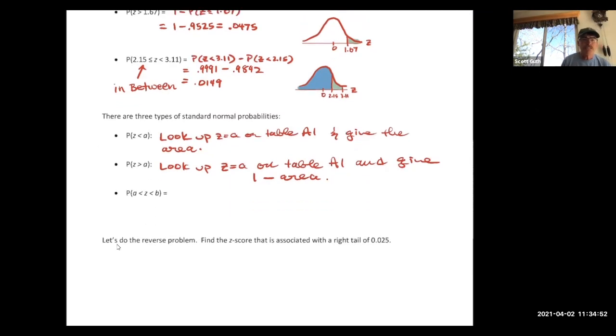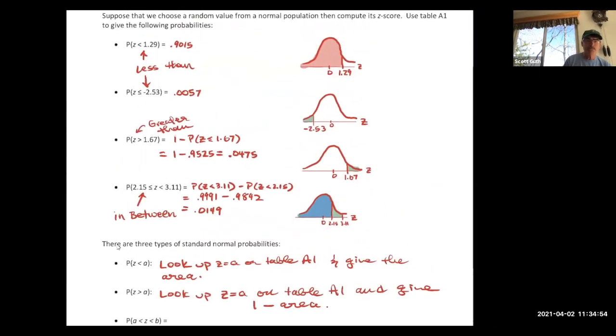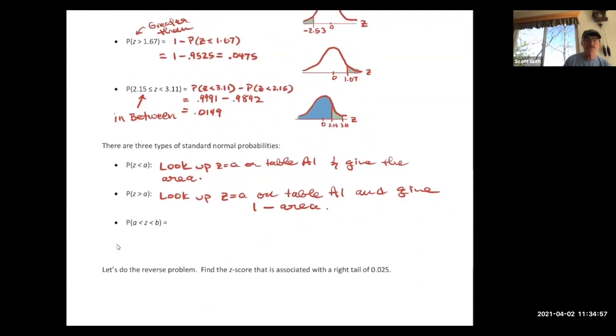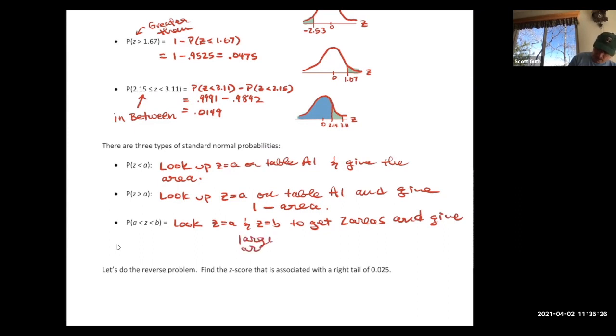Now, for the probability that Z is between A and B, that's the in-between problem. We look up two areas and we subtract the big one minus the small one. So you look up Z equals A and Z equals B to get two areas, and then you give the large area minus the small area.